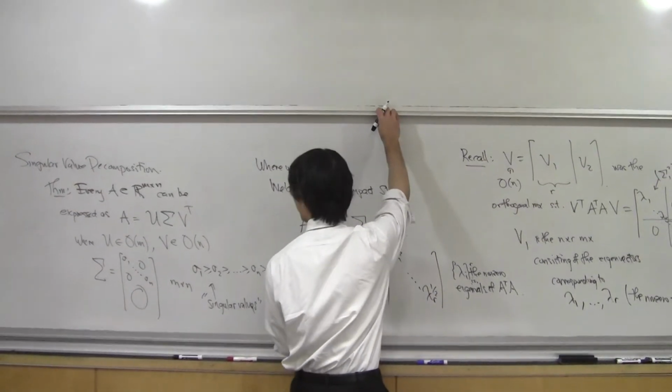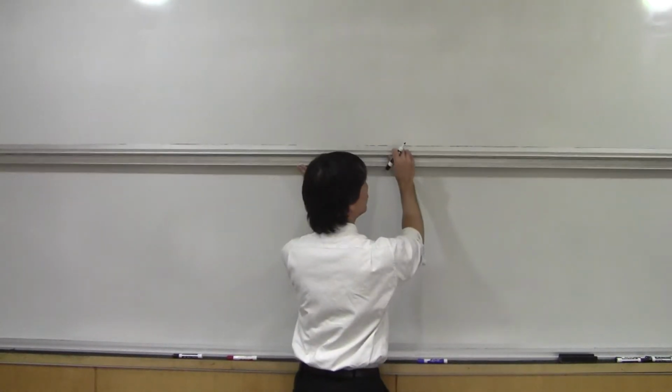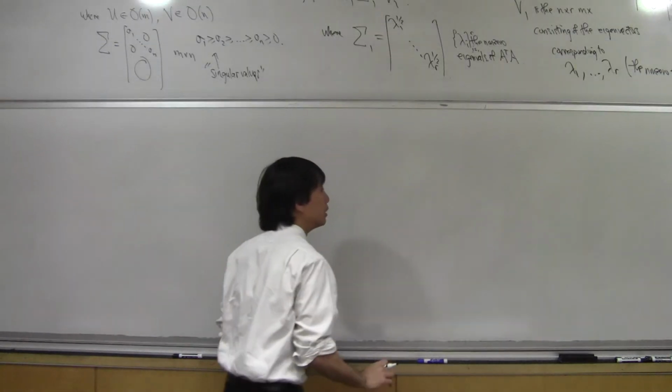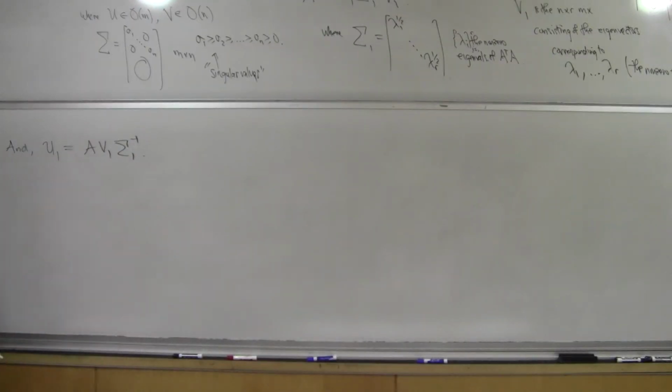And one more character. U1 was taken to be A V1 sigma 1 inverse.